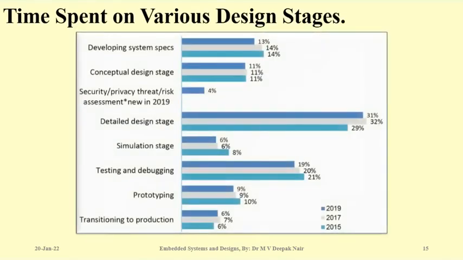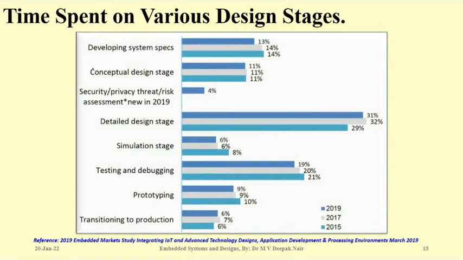Apart from that, where do embedded engineers spend most of their time? First of all, 13 to 14% of the time they spend on developing the system specifications. If tomorrow you are going to design your project, you have to keep these steps in mind: how much time you should give to design a good project.